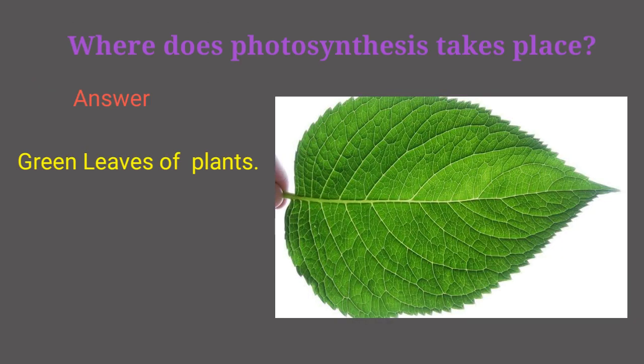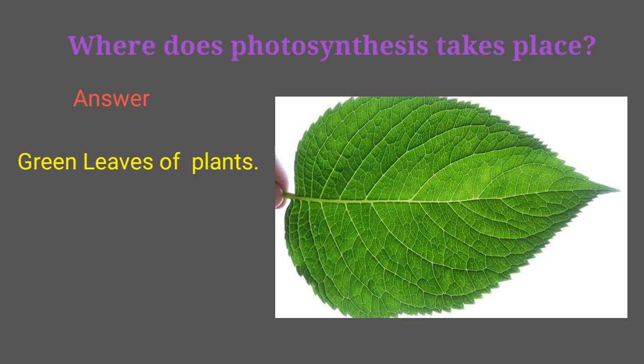Where does photosynthesis take place? This is an obvious question that might be arising in your mind now. The answer is that photosynthesis takes place in every green part of the plant body, and especially the green leaves.